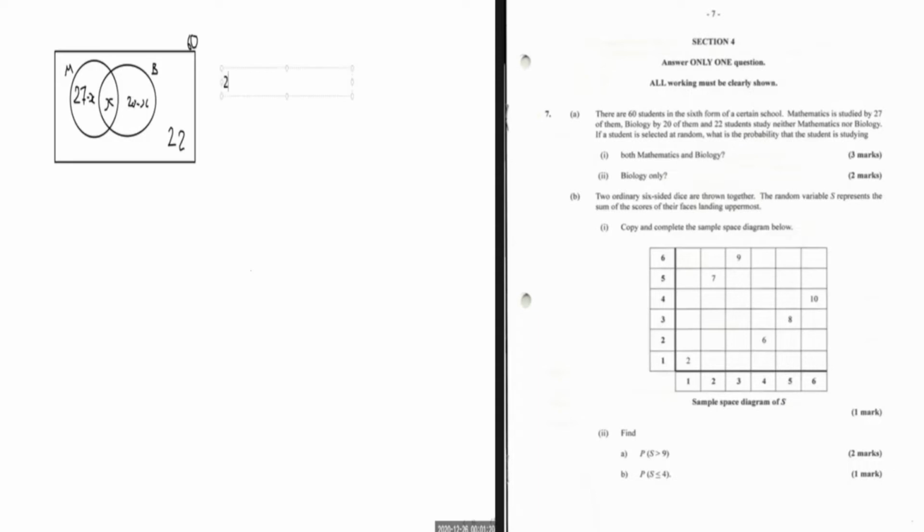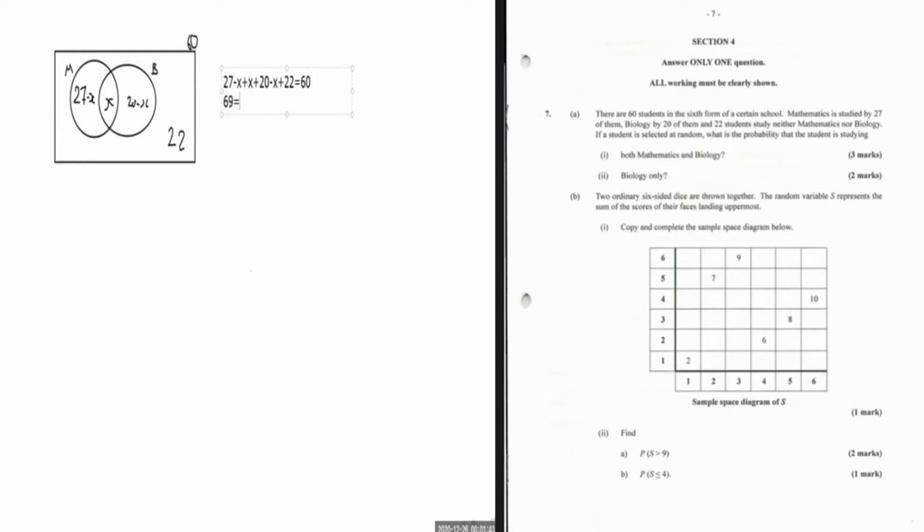Now we know that 27 minus X plus 20 minus X plus 22 is equal to 60. So what we do know then is 27 plus 20 is 47, and 47 plus 22 is 69.